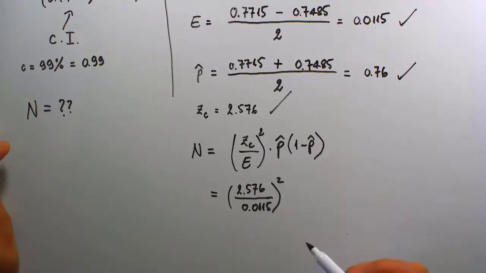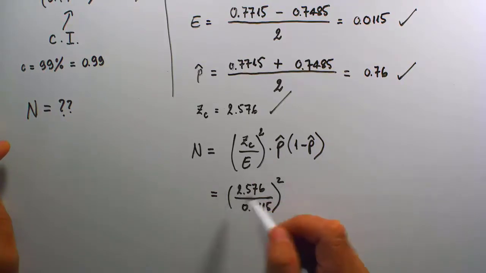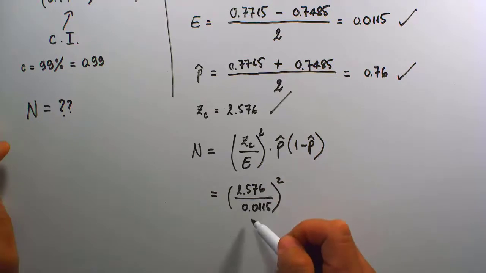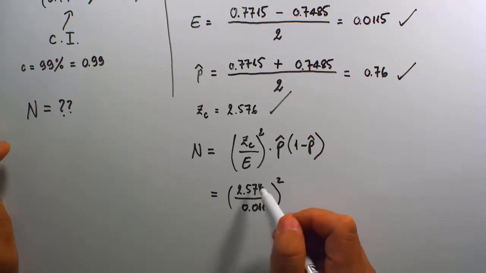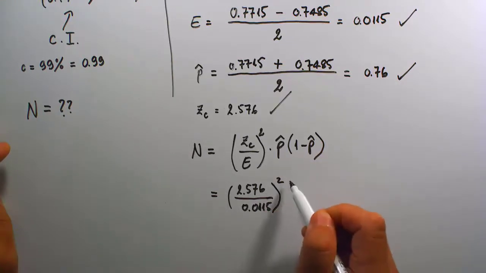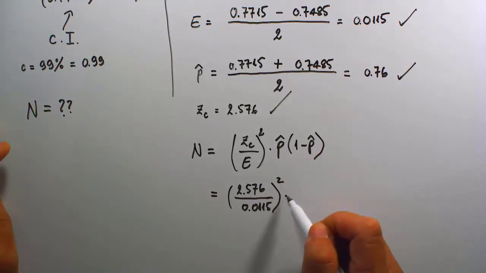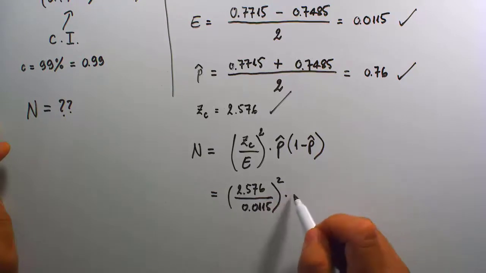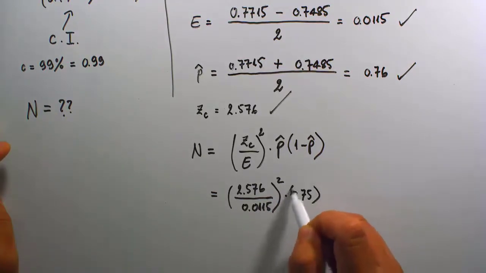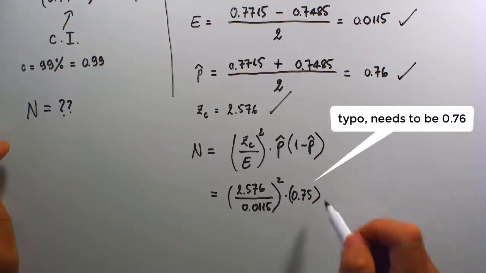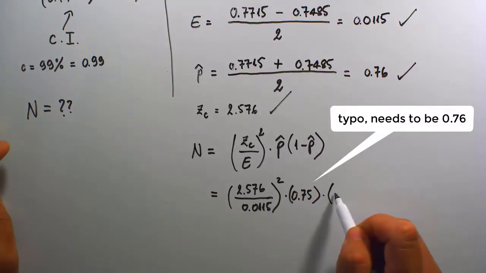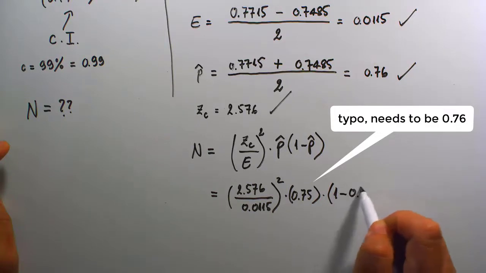You can see that I purposely wrote these numbers down according to the order of operations. We need to divide first, then that quotient is squared. Once we're done with squaring that quotient, then we multiply with 0.76, our found sample proportion value. And then we multiply again by 1 minus 0.76.